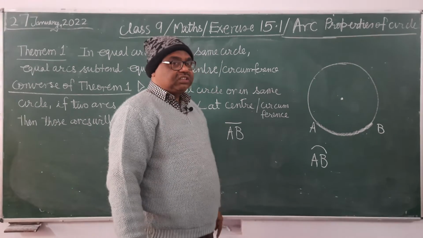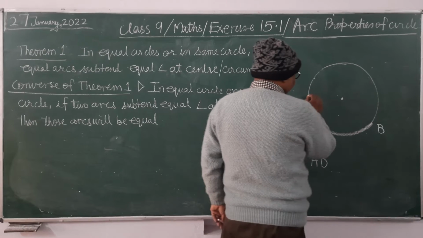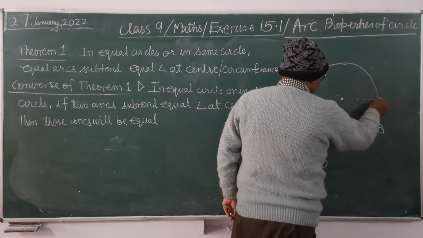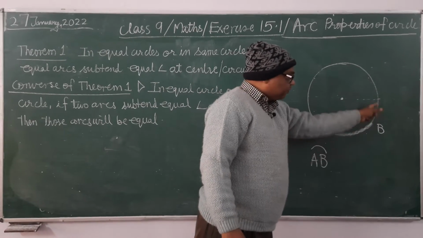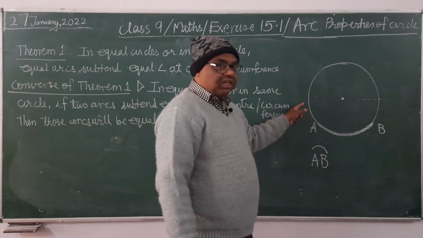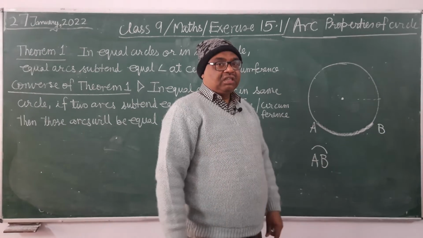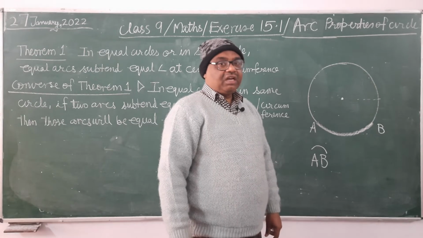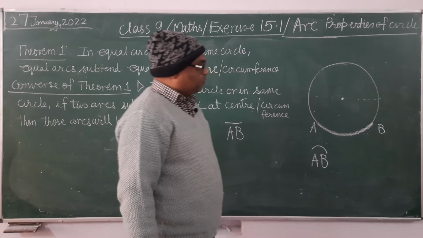Now if you see this arc AB, it is smaller than the semi-circumference. Semi-circumference means half of the circumference. So this we call a minor arc, because it is smaller than the semi-circumference.